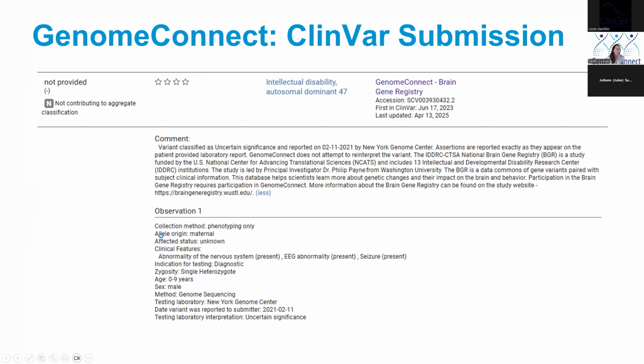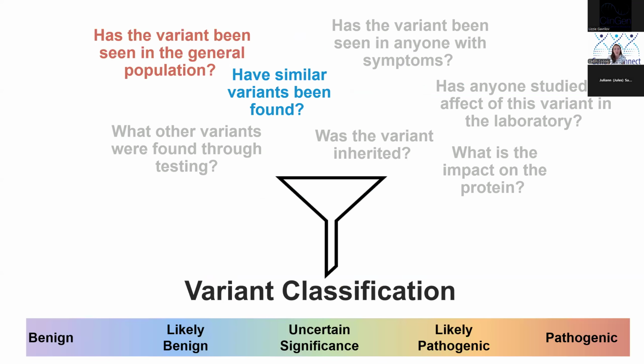On this page it is called the allele origin, but that inheritance information, such as whether we know if this variant is de novo, can help with the classification process. So data sharing can provide additional details to help answer some of these questions asked during the variant classification process.